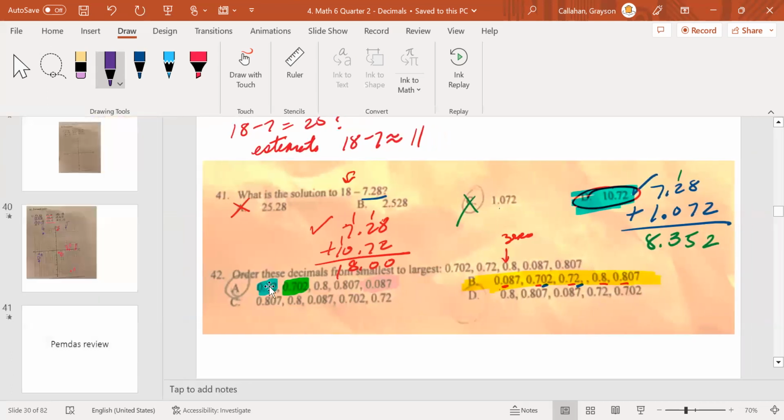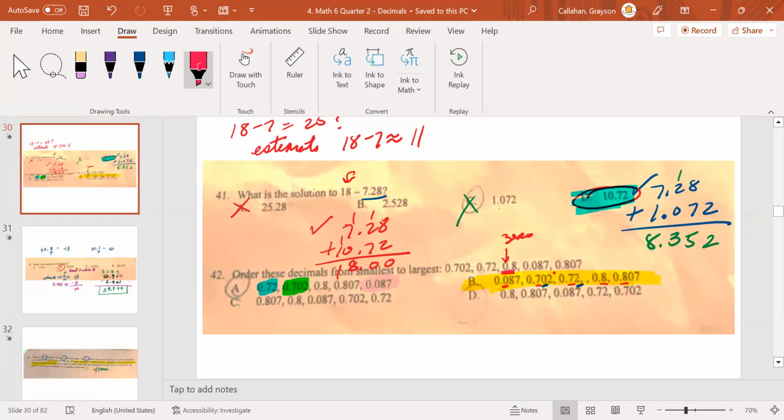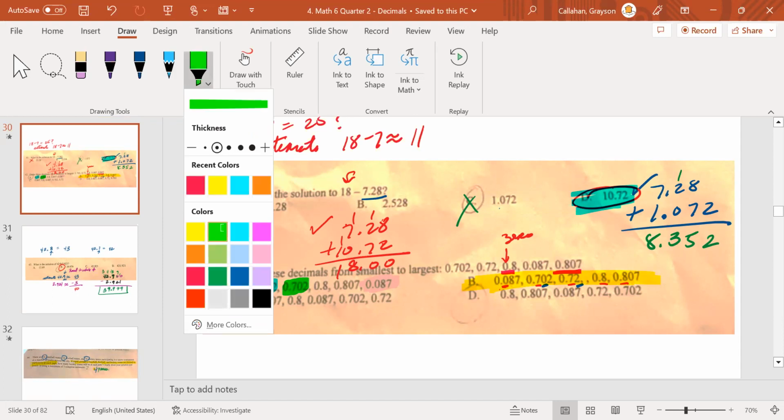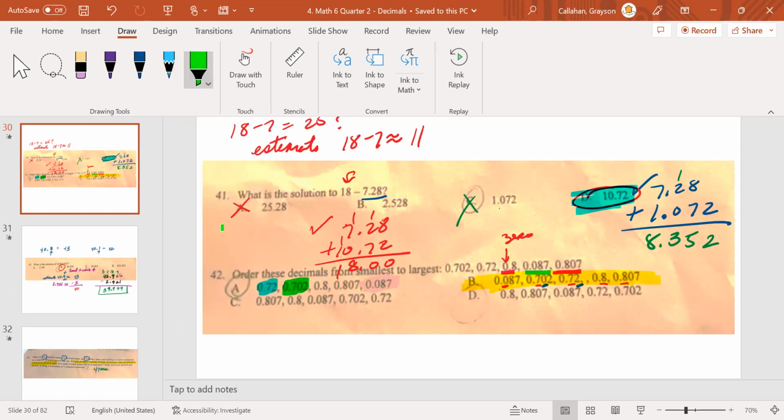You got that one? Okay, so just be careful with the tenths place, hundredths place, thousandths place. Obviously, when you're looking at this, the first thing I notice is that this number here and this number here look like they're the biggest, right? Because they have an 8 in the tenths place. And I also notice that this number right here is the smallest because it has a 0 in the tenths place.